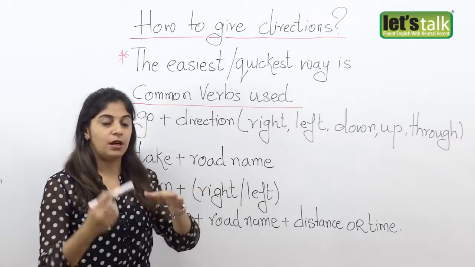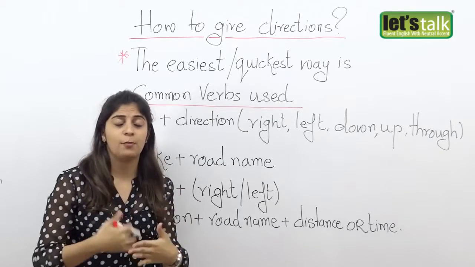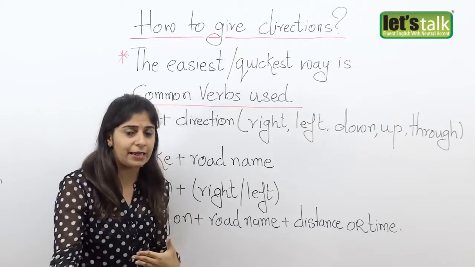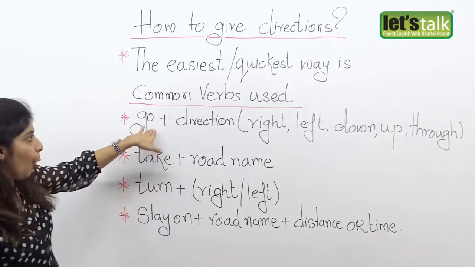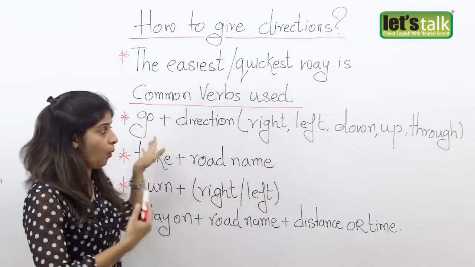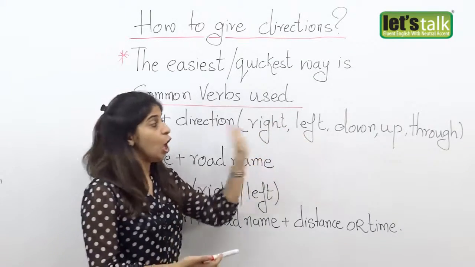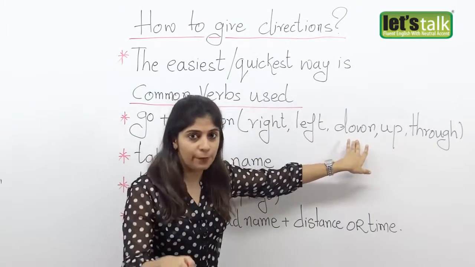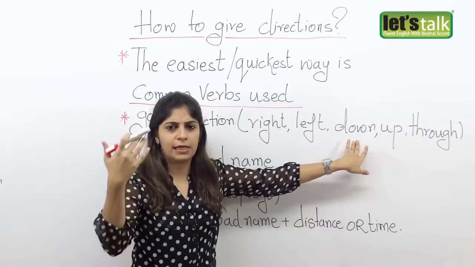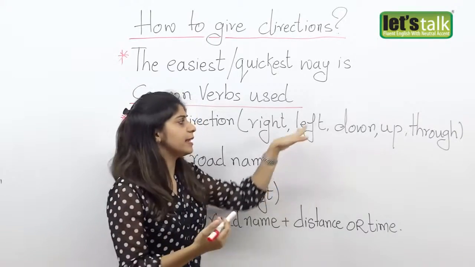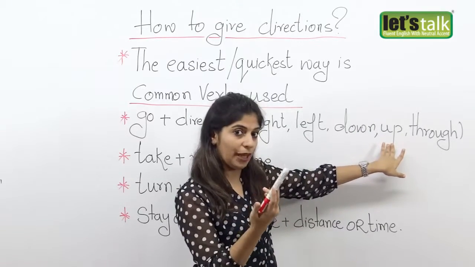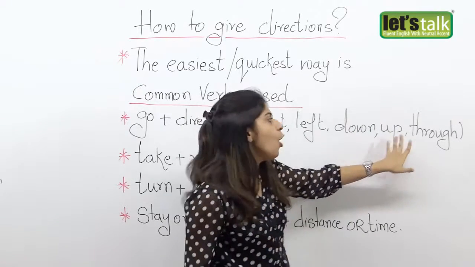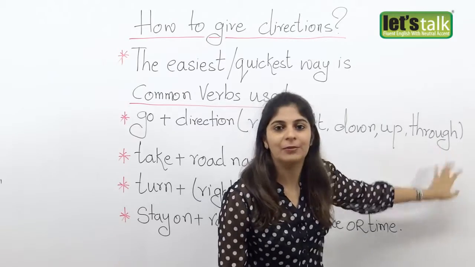So if someone asks you where this church is located, and you have to give the direction, you would say go right, or go left, or go down the slope. Maybe it's a big hill, so you would say go down the slope, or go up the hill, or go up the slope, or go through a tunnel.